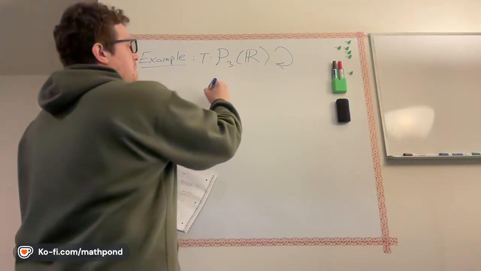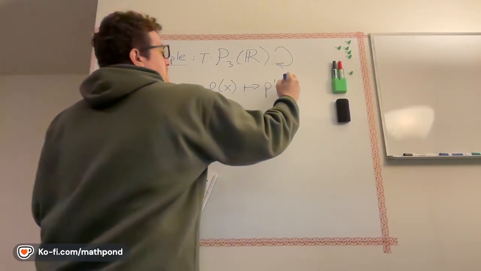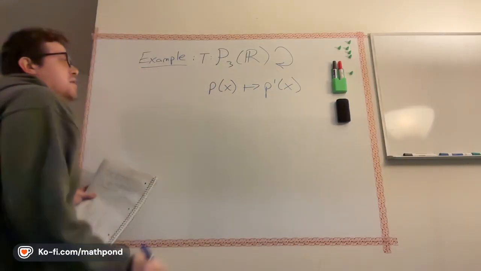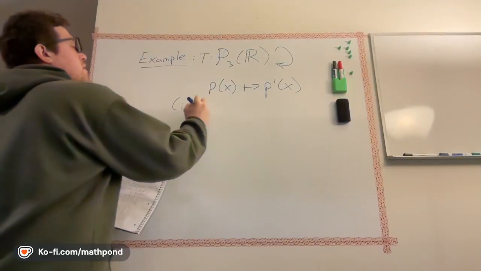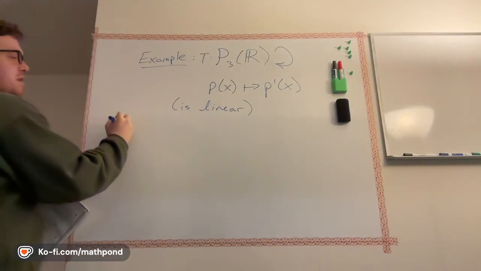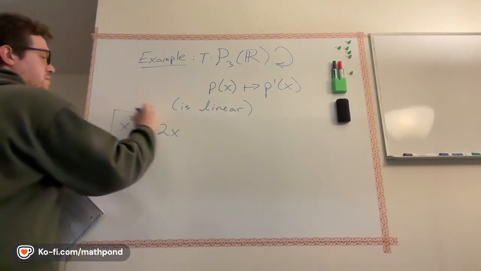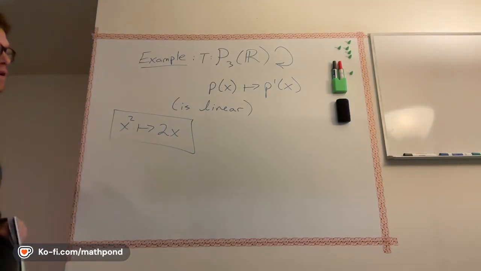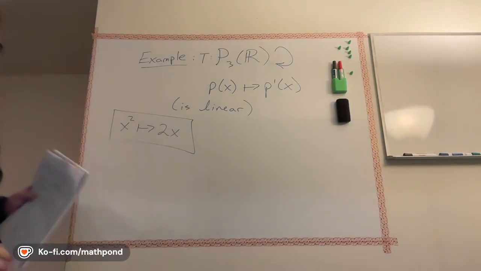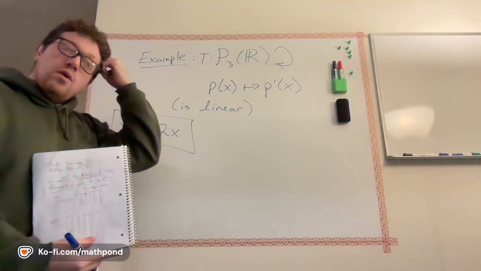So we're going to take a polynomial and send it to P prime of x. And this is linear. So for example, x squared gets sent to 2x.